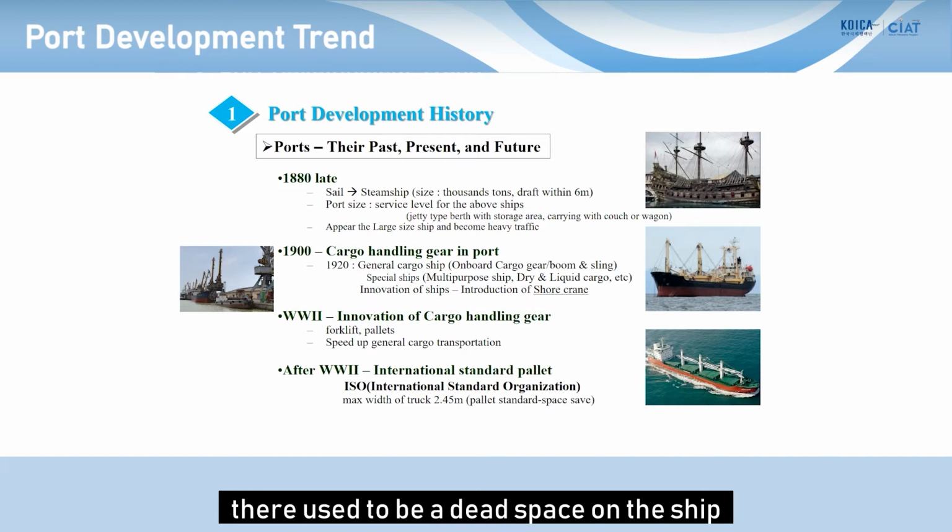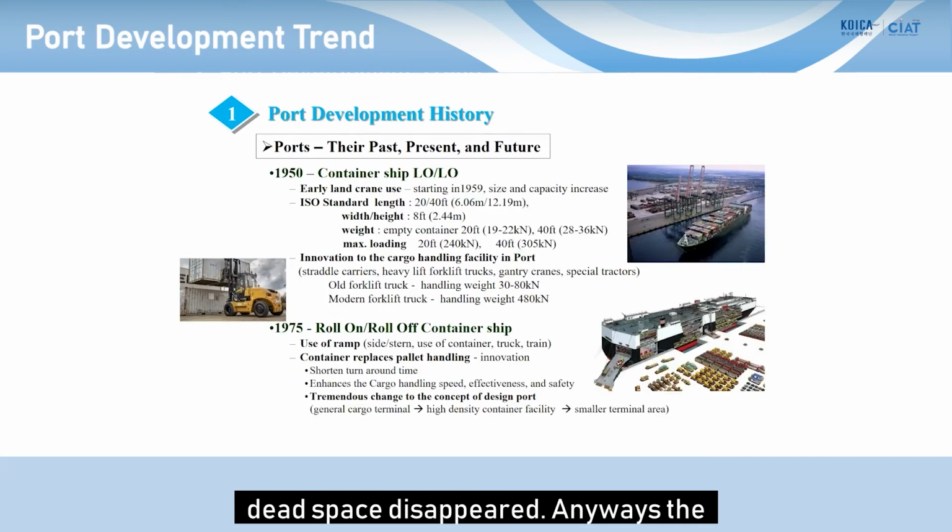There used to be dead space on the ship or in the storage area shoreside. By adopting the standard pallet, a lot of dead space disappeared. Anyway, in the 1950s, the container ship appeared.